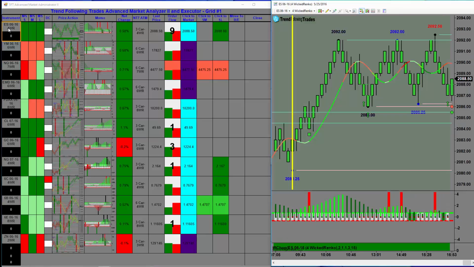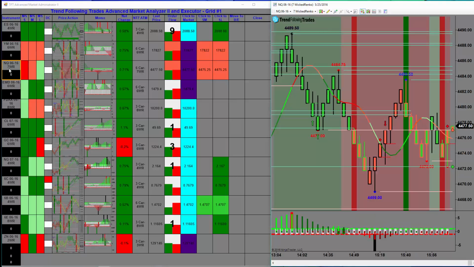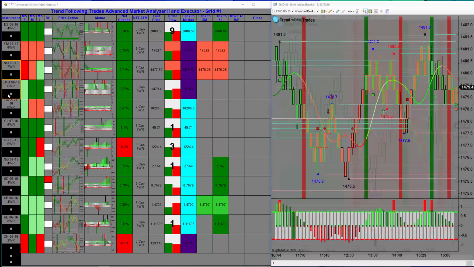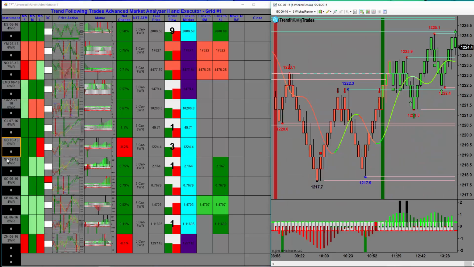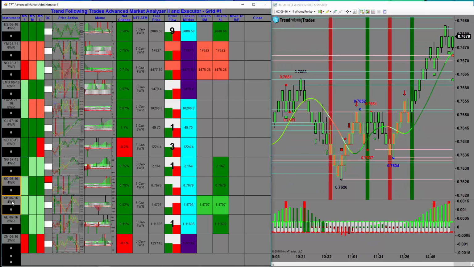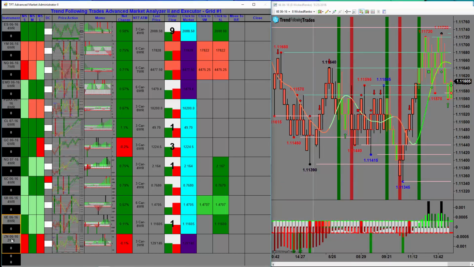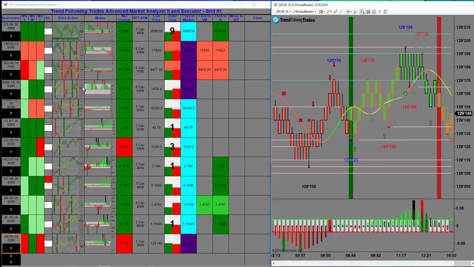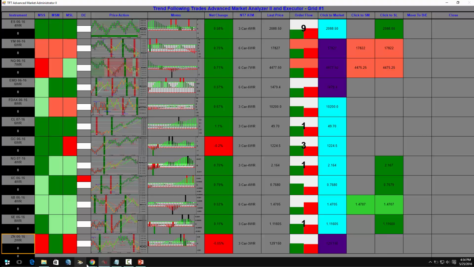Then by clicking on this left button, I'm changing markets and charts in real time: natural gas, gold, Canadian dollar, British pound, euro, 10-year. You'll notice here, I'll make this a little larger, these are full live mini charts of charts that aren't even open.